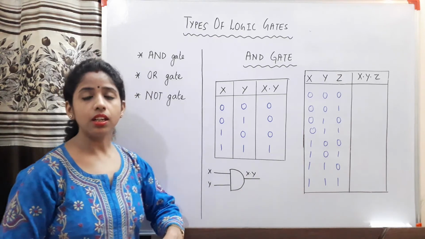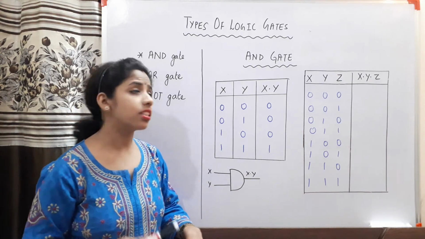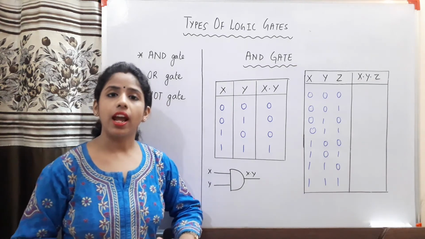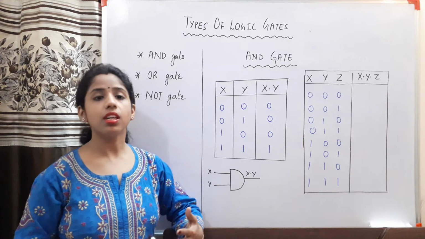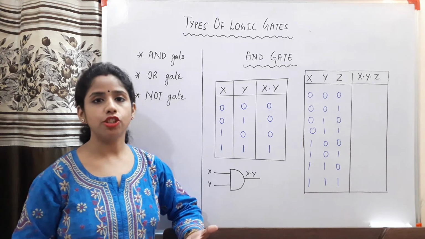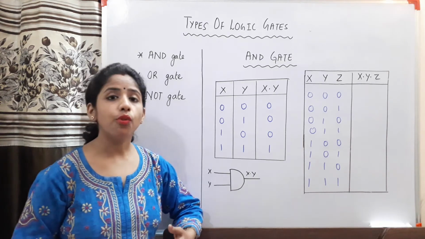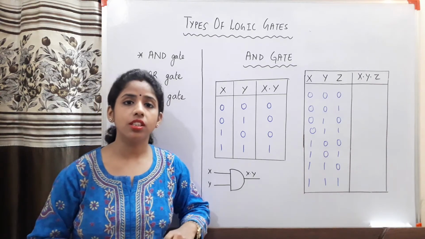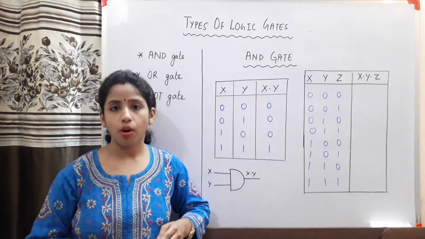Now let us discuss the AND gate in detail. As I told you, the AND gate is a practical implementation of the AND operator. So what did the AND operator do? It performed the logical multiplication of its operands.